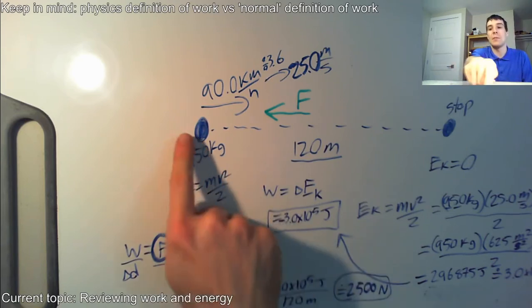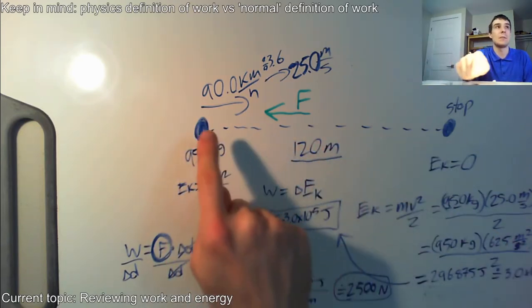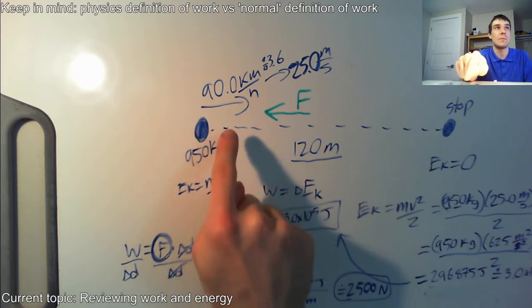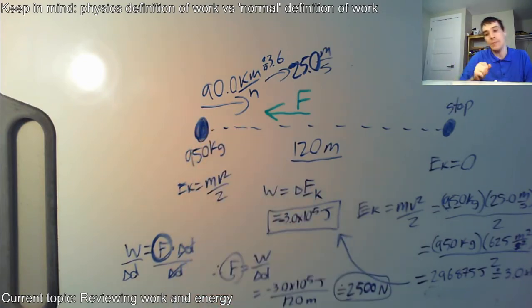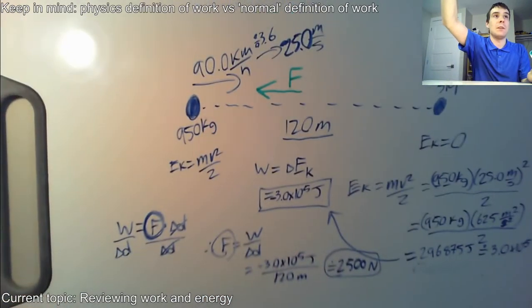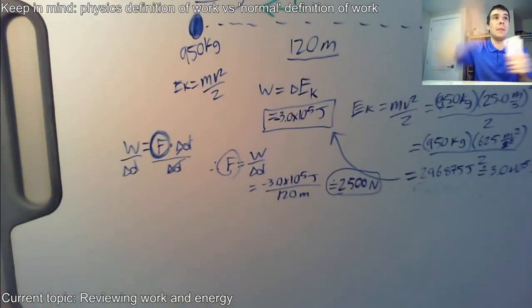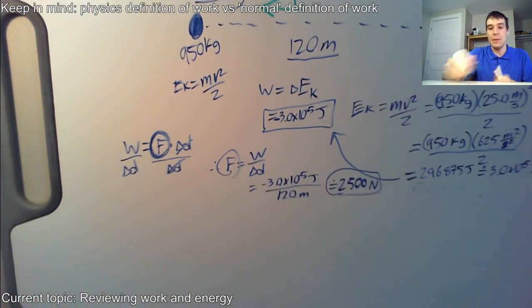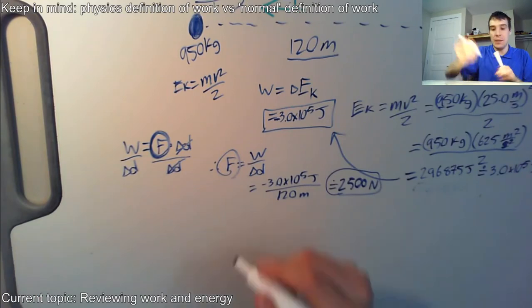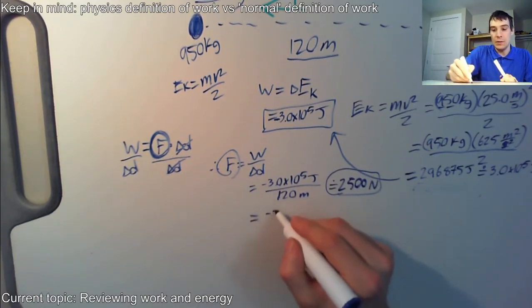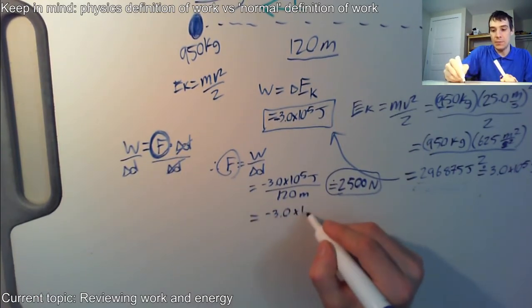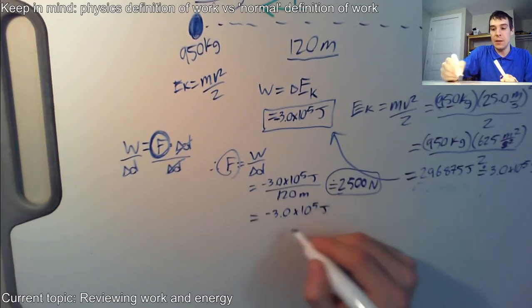So instead of having a whole 120 meters to come to a stop, it just goes and just stops. What that would change would be in our expression here: instead of 120 meters, we would be stopping in 2 meters, right? So we keep the same amount of work because we're losing the same amount of kinetic energy.